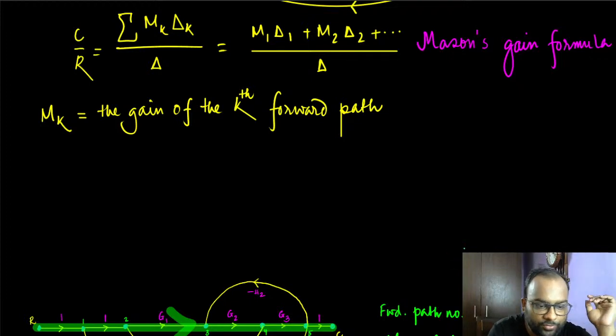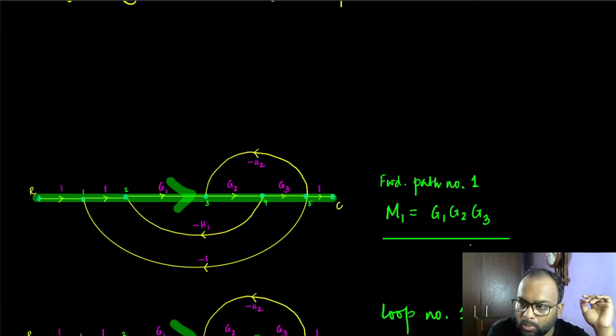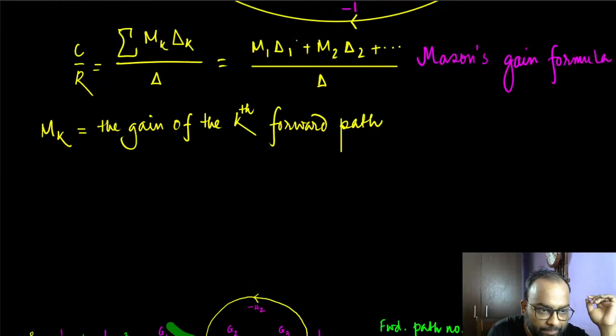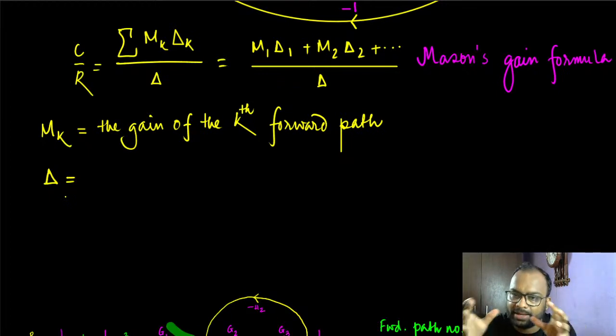All right. So for our case, there is only one forward path, so that has a gain of M1. Right. Now, before I talk about delta k, let's talk about delta. Delta is the determinant of the graph. Graphs can be represented with matrices.